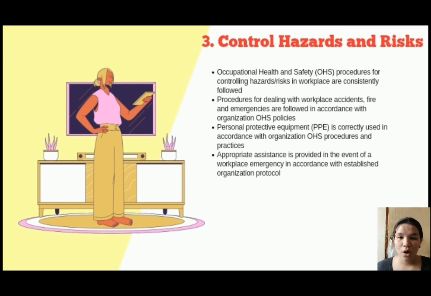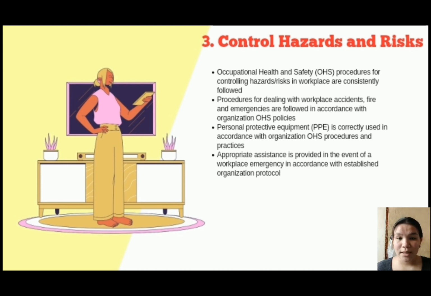Procedures for controlling hazard or risk in a workplace are consistently followed. And also procedures for dealing with workplace accidents, fire, and emergencies are followed in accordance with the OHS policies. The personal protective equipment, or the PPE, is correctly used in accordance with organizational OHS procedures and practices.